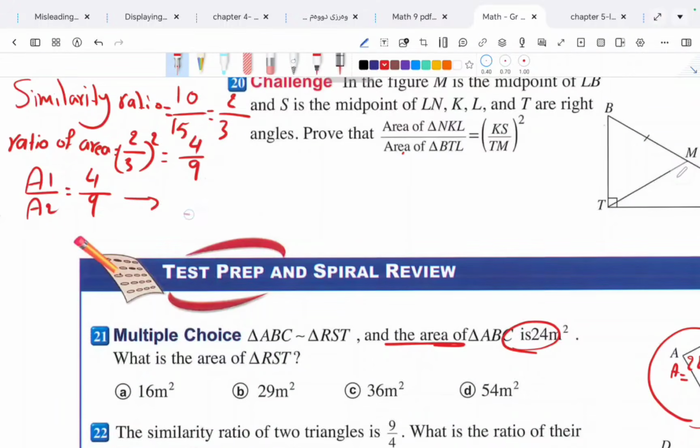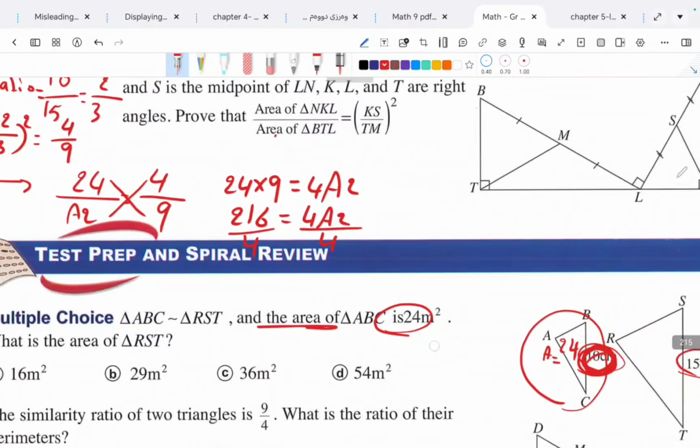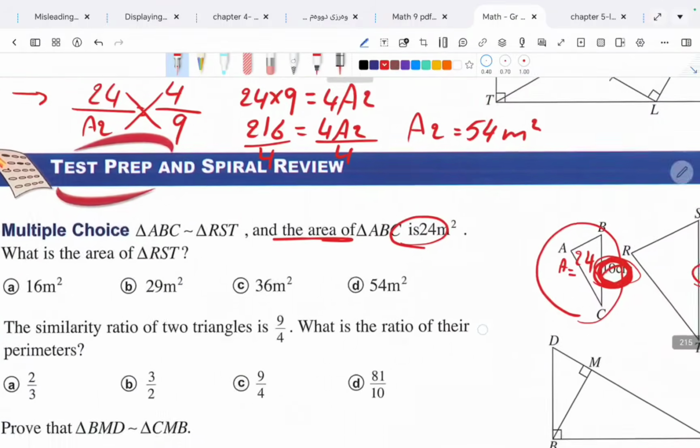A1 is given, so 24 out of A2 equals 4 out of 9. Cross product: 24 times 9 equals 4A2. 24 times 9 equals 216. Divide by 4, divide by 4. A2 equals 54 m power 2.